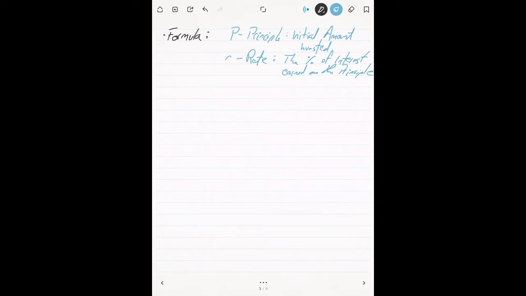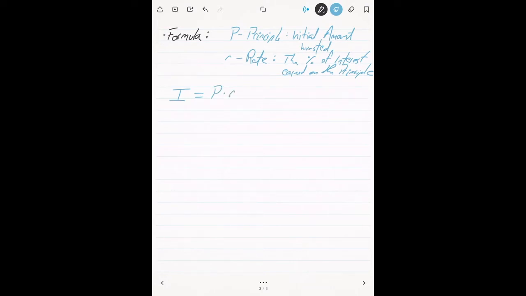There we go. So, what affected interest? Well, it was dependent on the principal and the rate. That told us how much we got as our interest amount. So we can say here, interest is equal to principal times the rate.